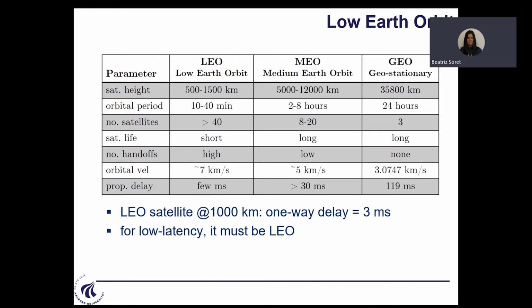So you always have the same connection, because they move at the same pace as we are moving with the Earth rotation. But now, if we use lower and lower orbits, for LEO, we are talking about between 500 and 1500 kilometers.